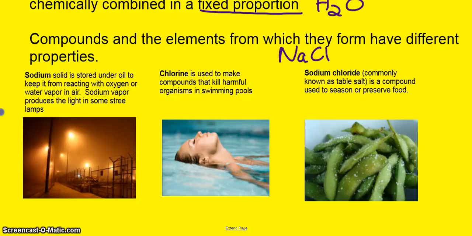Chlorine as a gas is very harmful and actually used as a disinfectant because it's so good at killing things. But when the two react together and become a compound, sodium chloride is really safe, so much so that we eat it and it's used to preserve our food. Very different set of properties when they're in the compound form.